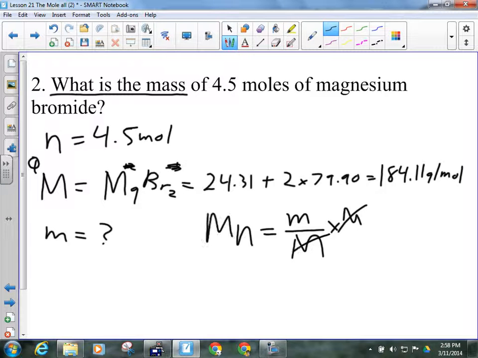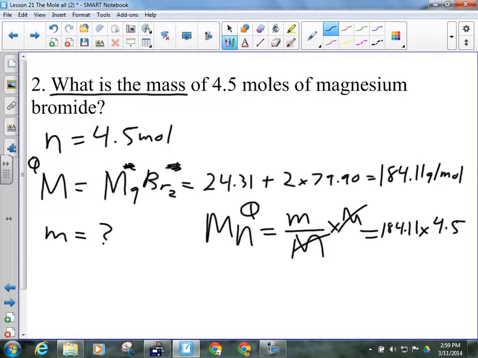There we go. You would get a mark for manipulating the equation. That's a pretty easy mark too. Then you get another mark for using your manipulated equation correctly. We call that the plugging stage. You're plugging the numbers in. If you plug the numbers into the right places, you get a mark for that. So big M, 184.11, multiplied by little n, 4.5.